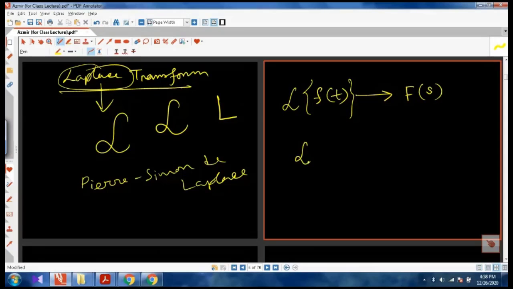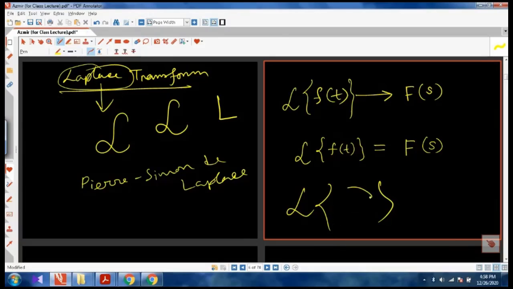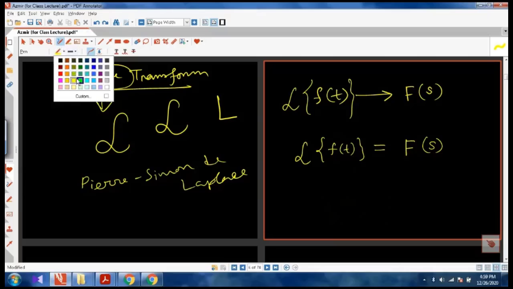So in short, we can write Laplace transform of any function is actually f of s. So Laplace transform is an operator where we need an input, and the input is the function f of t, and it will give us an output f of s.